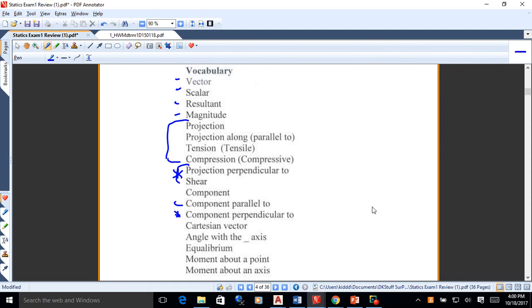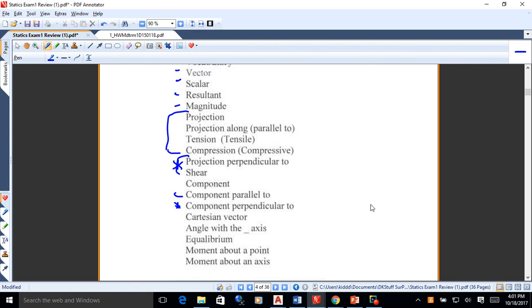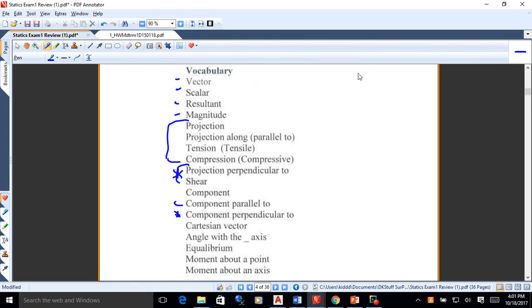Okay, we did components, which is a part of a vector, Cartesian vector, which is x, y, and z, angle with the x, y, or z axis, which would be alpha, beta, and gamma, equilibrium, which is sum of F equals 0, and then moment about a point and moment about an axis. So you should know what those terms are and how to use them.